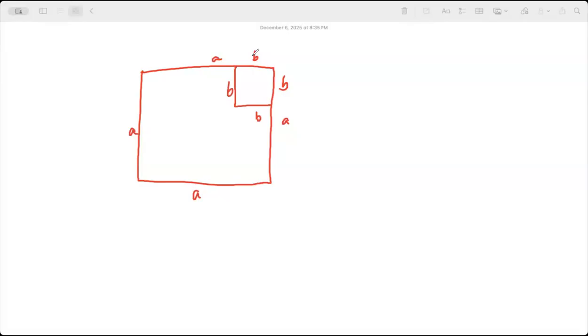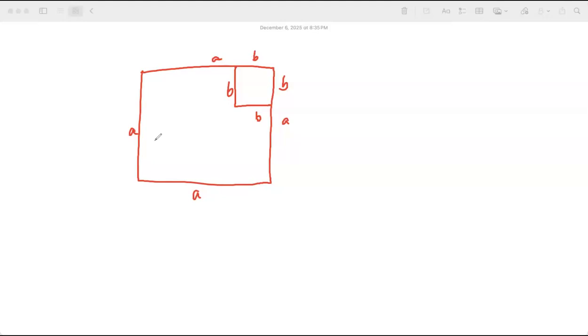Show that A square minus B square will be equal to A minus B times A plus B.